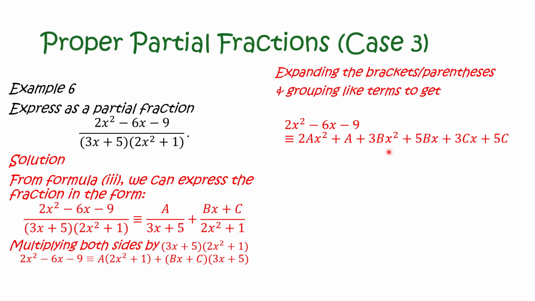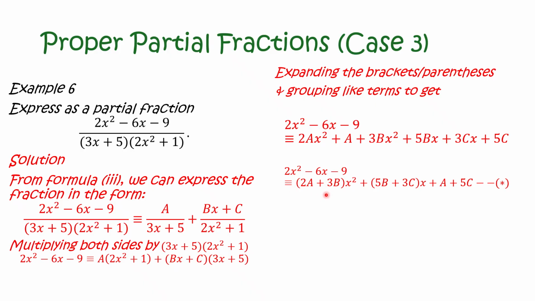and grouping the like terms in order to get 2x squared minus 6x minus 9 is equivalent to 2ax squared plus a plus 3bx squared plus 5bx plus 3cx plus 5c. Now we want to form a quadratic expression on the right hand side.